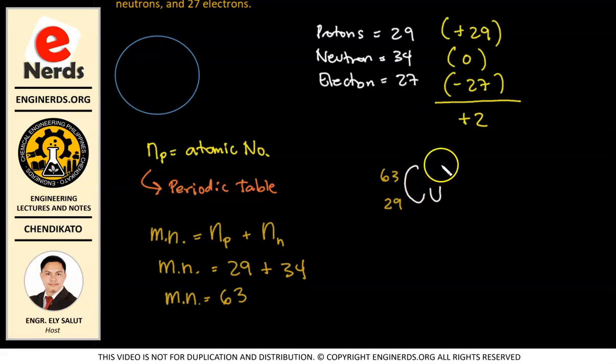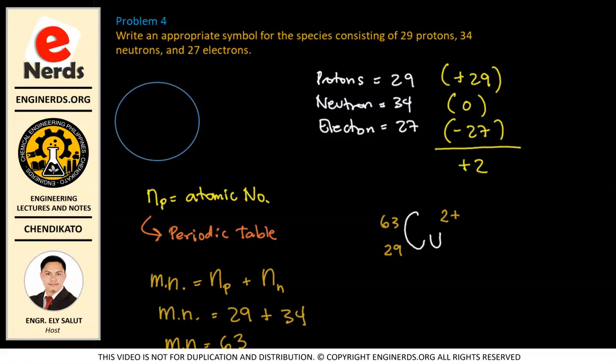To write that, you write 2 first followed by the sign. As you can see, this is our final answer, the appropriate symbol for the species having 29 protons, 34 neutrons, and 27 electrons.